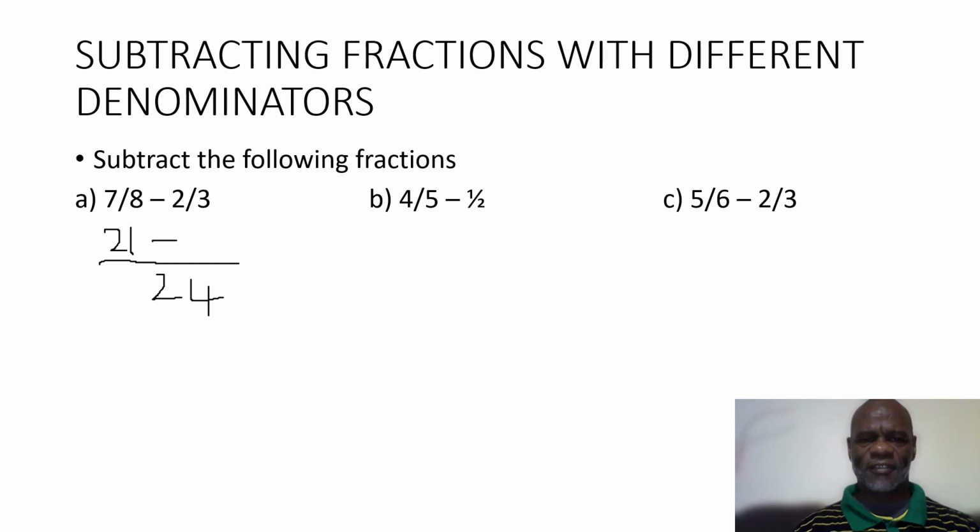So we now have 21 subtract 16. Now 21 minus 16 will give us 5. So we have 5 over 24. That's our answer.